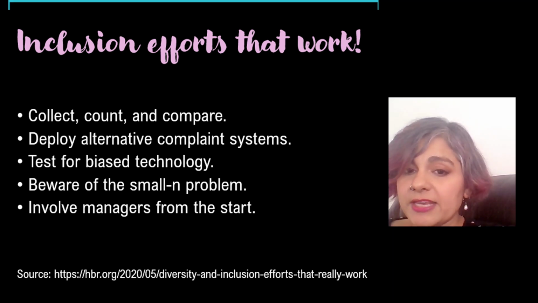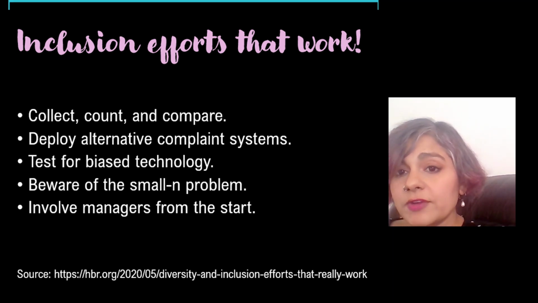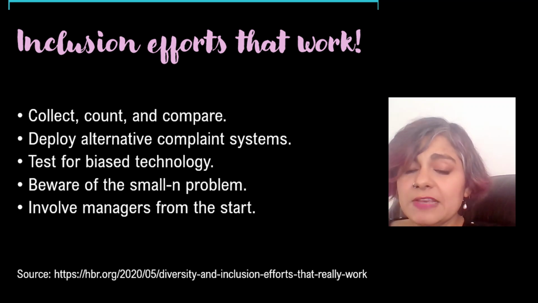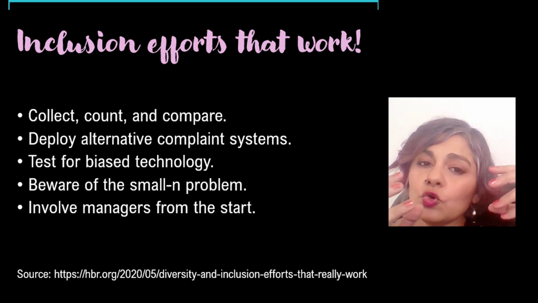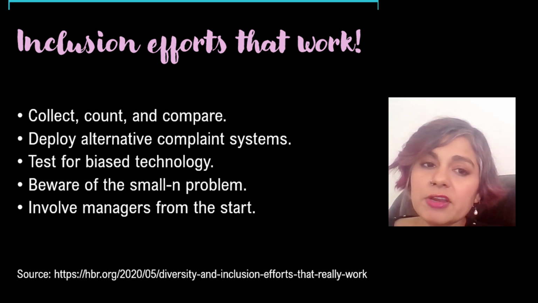The next one that we have is to be aware of small n problems. And what we mean by this is that sometimes the way we think and perceive others can also hamper progress. So group size is something which is very, very important.